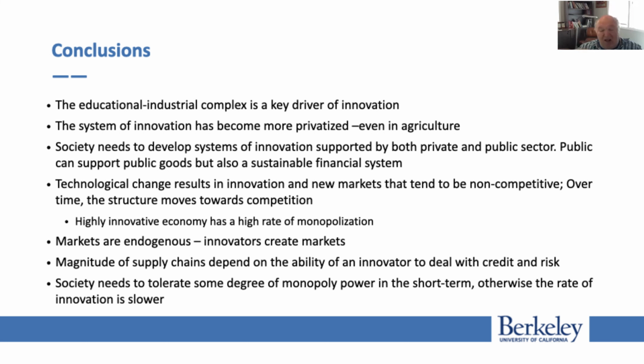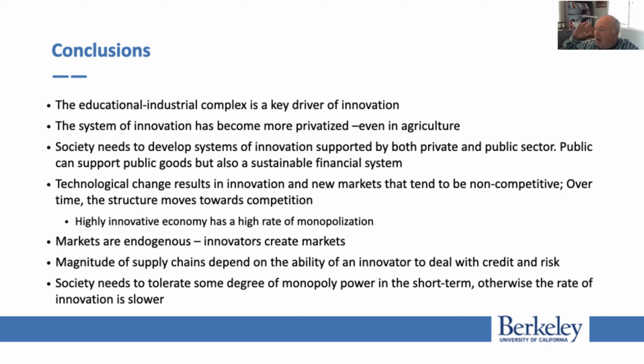The structure of the supply chain is determined by the innovators, and it's changing all the time. New markets are emerging all the time. The structure and magnitude are changing, and most importantly, there is a lot of monopoly power in the beginning that allows the supply chain to occur.